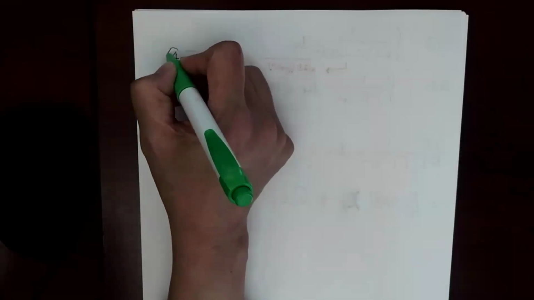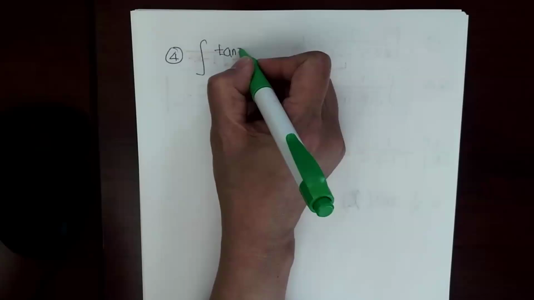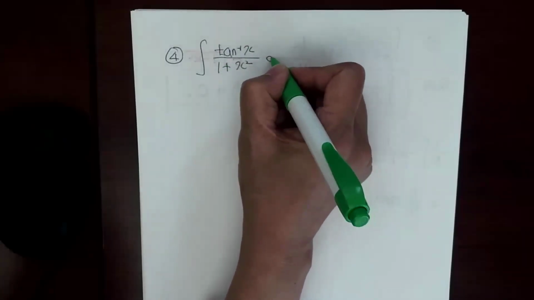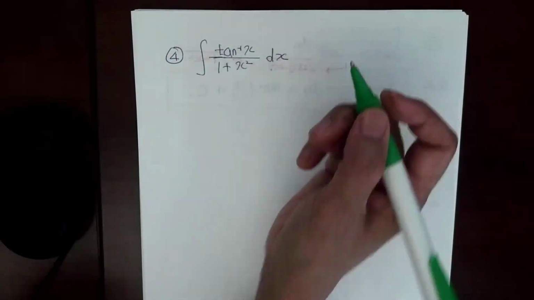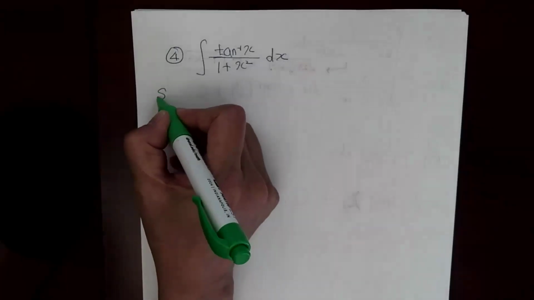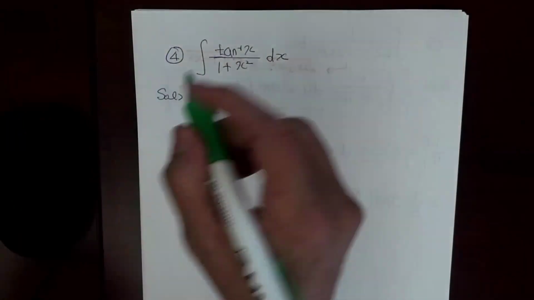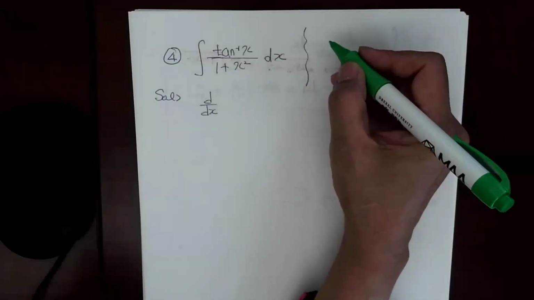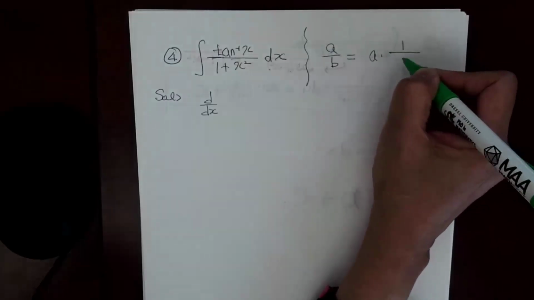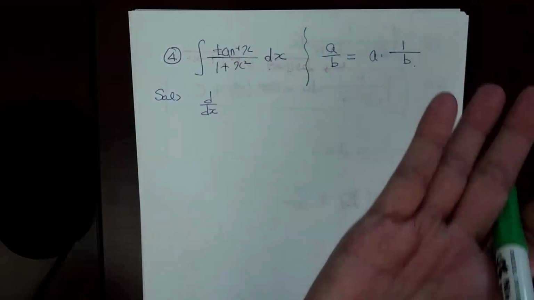The next one is about just substitution. We have tangent inverse of x over 1 plus x squared dx. We want to regard this one as the multiplication of two functions, and think about the relation between what's in the numerator and denominator.